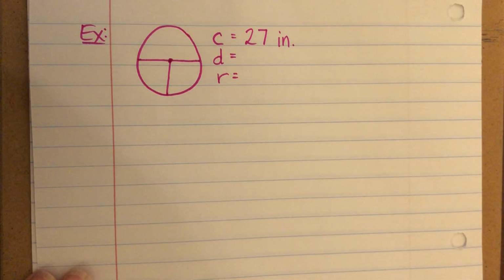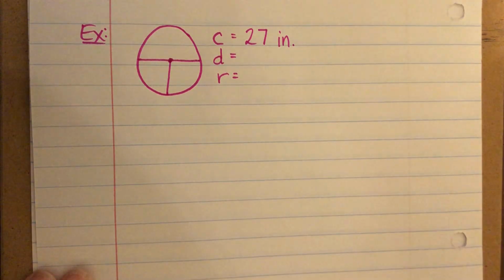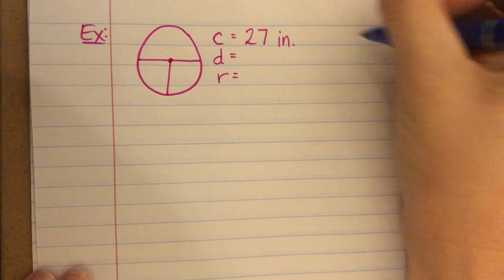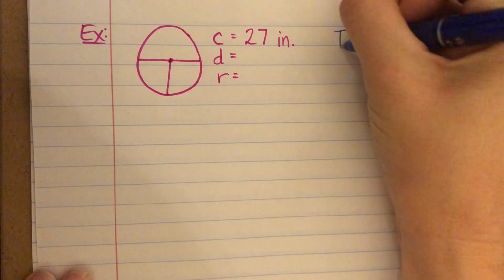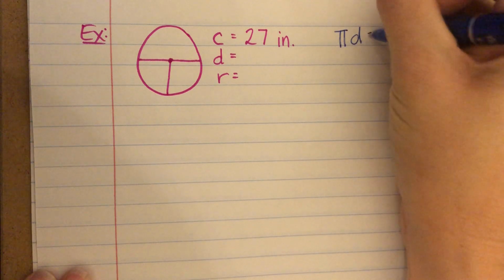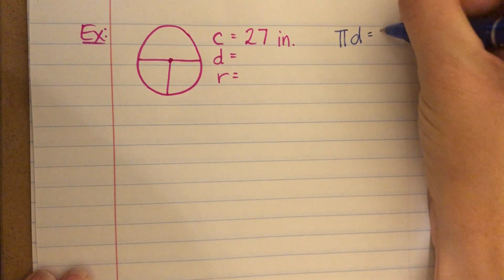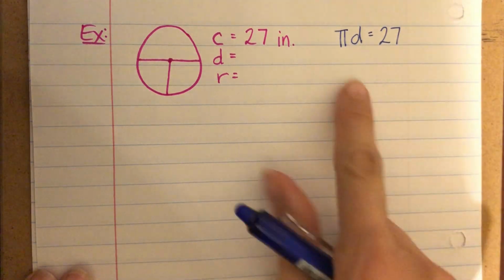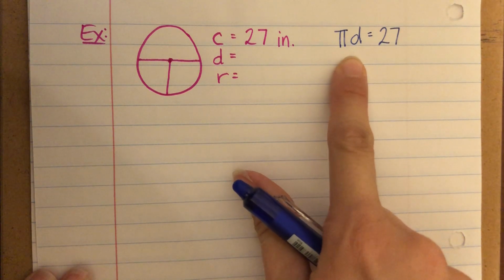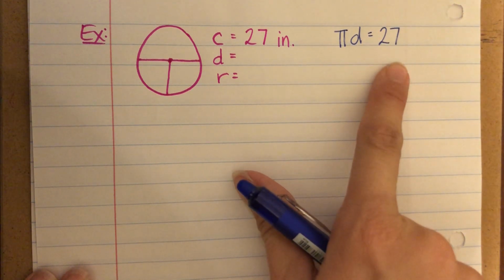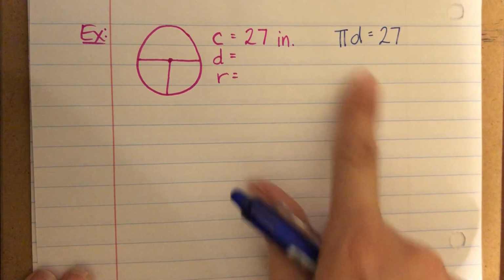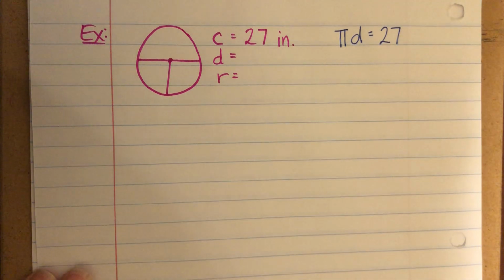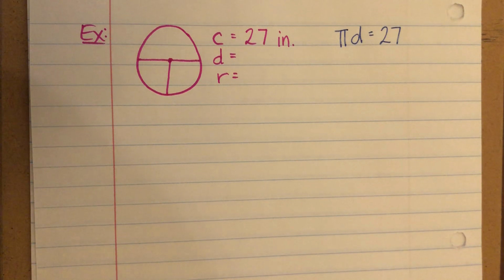All right, so let's start with the diameter. Since we're looking for the diameter, let's use this one, pi times diameter, and we know that the circumference is 27. So basically, instead of filling in the diameter, we don't know the diameter, we're filling in the circumference, and we're going to solve for the diameter. So this is going to be a little bit of a review of solving equations.